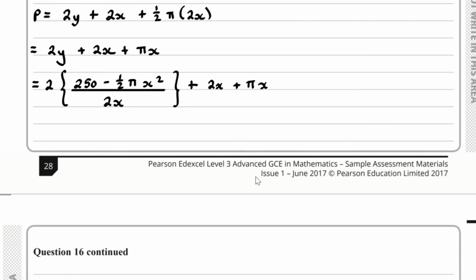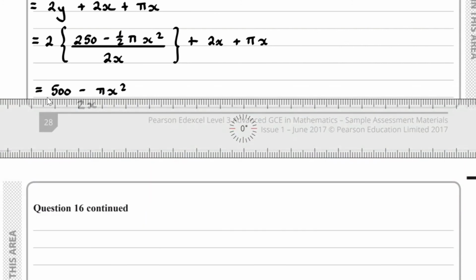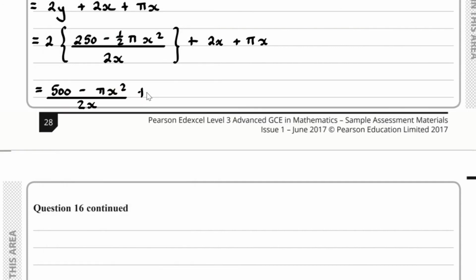So if I multiply through by 2, we've got 500 minus pi x squared over 2x plus 2x plus pi x.